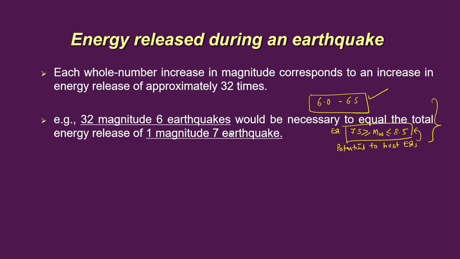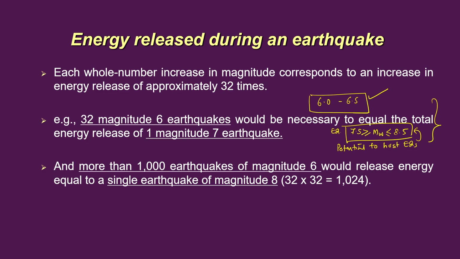But it is not so. You need almost 32 earthquakes of magnitude 6, or a little less of 6.5, to suffice the energy of a magnitude 7 earthquake. And similarly, more than 1,000 earthquakes of magnitude 6 would release energy equal to a magnitude 8 earthquake. So you need almost 1,000 magnitude 6 earthquakes for sufficing the energy of MW8.